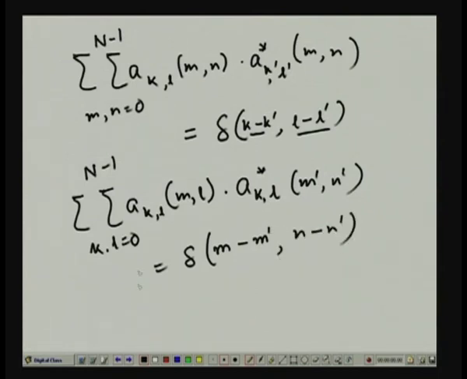So, it says that this summation will be equal to 1 whenever m is equal to m dash and n is equal to n dash.